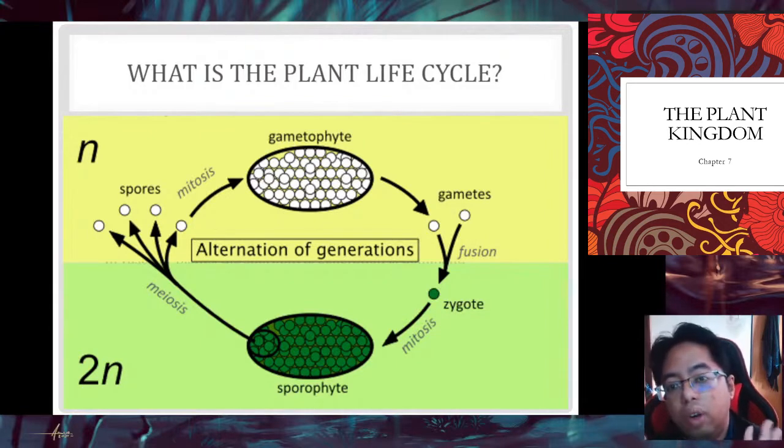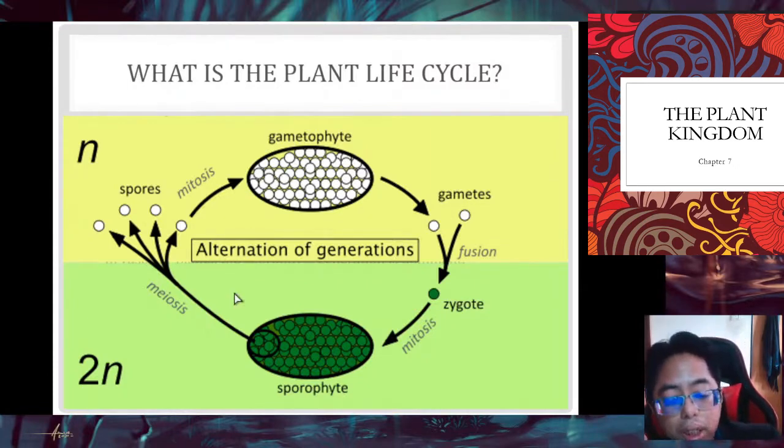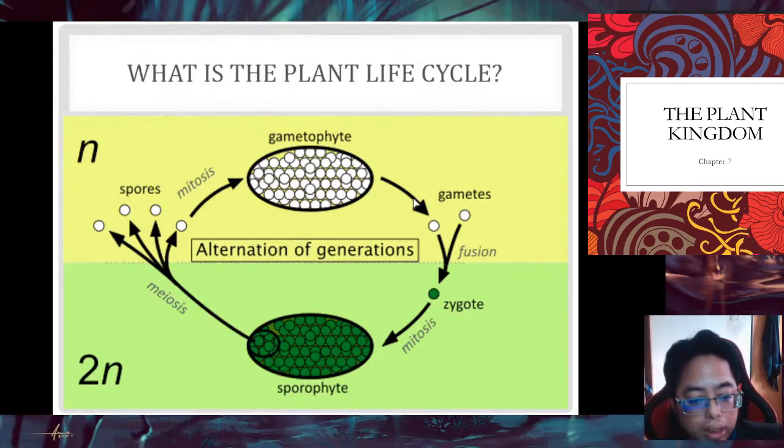For humans, it cannot be like that, because the sperm can only live for 2 minutes, and the egg outside of the body can be alive for around 2 or 3 minutes, and then it dies. But for plants, some plants' spores can grow into a structure that is called a gametophyte. Then the gametophyte will create gametes.